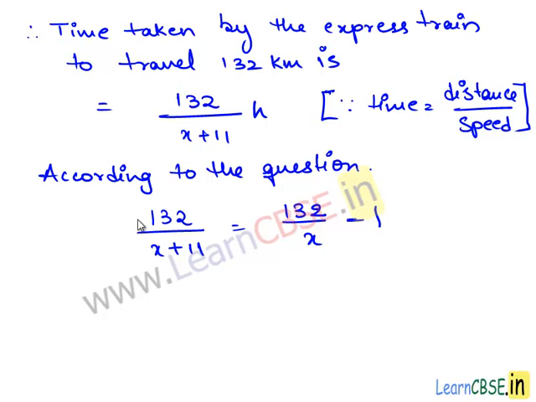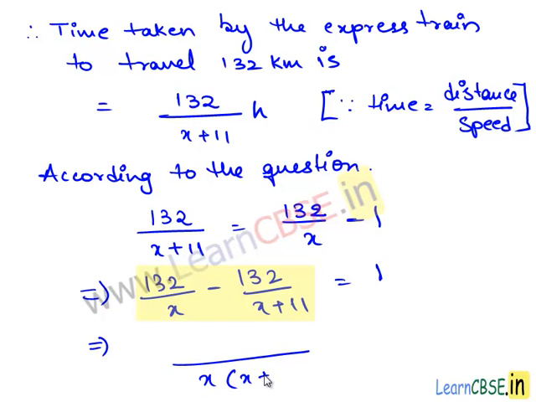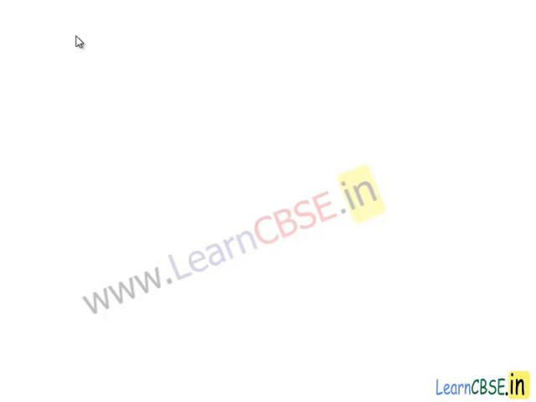Let us transpose 132 by x plus 11 to the RHS. So this implies we have 132 by x minus 132 by x plus 11 is equal to 1. So this can be written as 132 times x plus 11 minus x, divided by x times x plus 11, is equal to 1. So this implies 11 by x times x plus 11 is equal to 1 by 132.